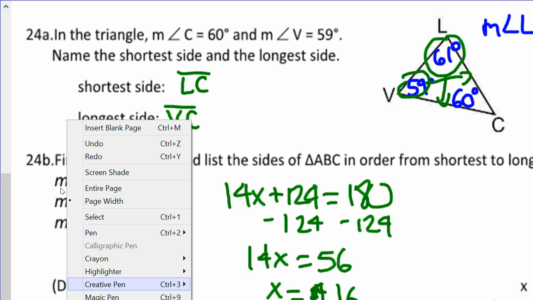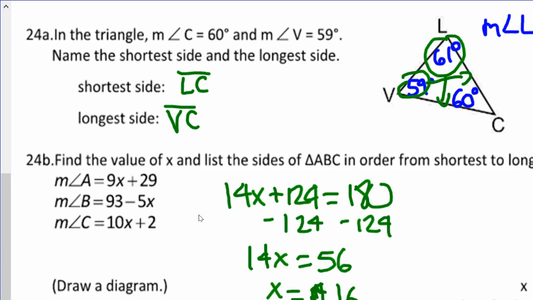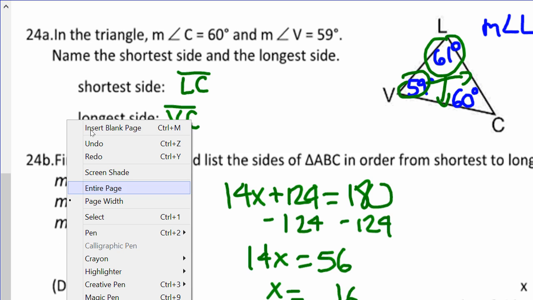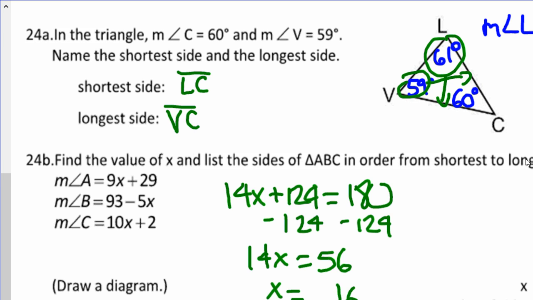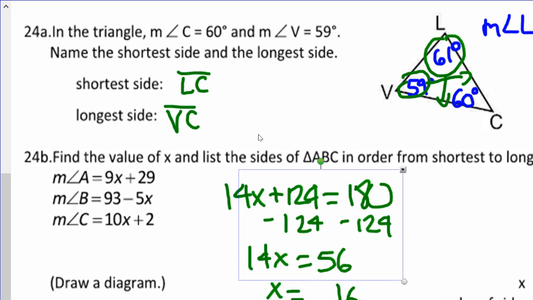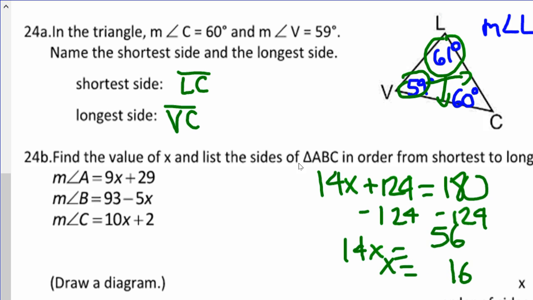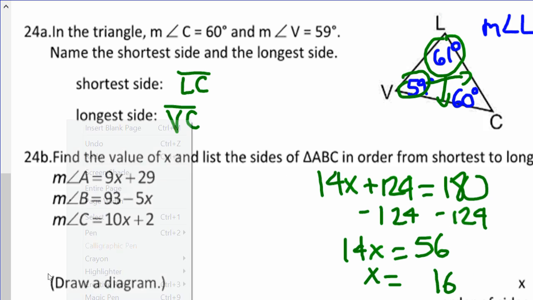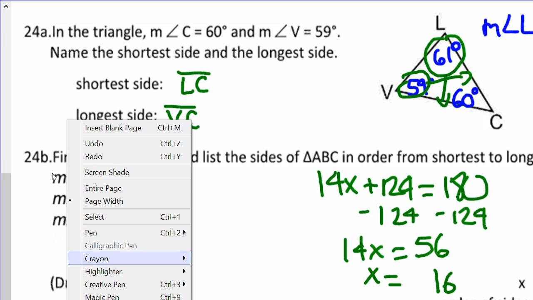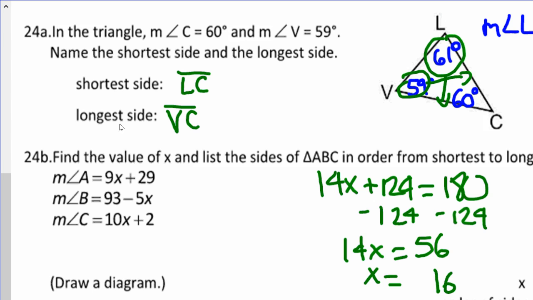I'm not done with this problem because it wants me to do a few more things. So x is equal to 16, and we have to order the sides. Let's figure out the measurement of each of the angles by substituting what we now know x to be. Plug in 16 for each of the variables, and you need all three angles.